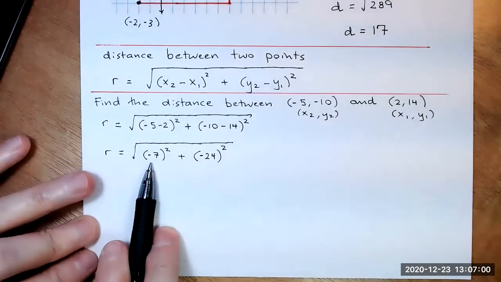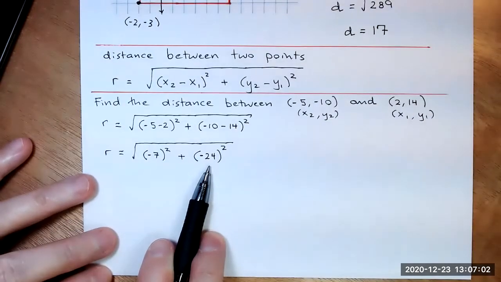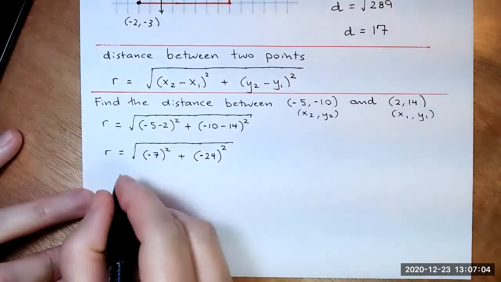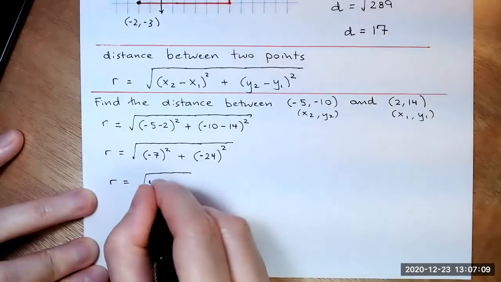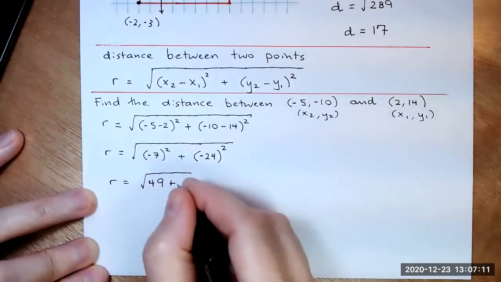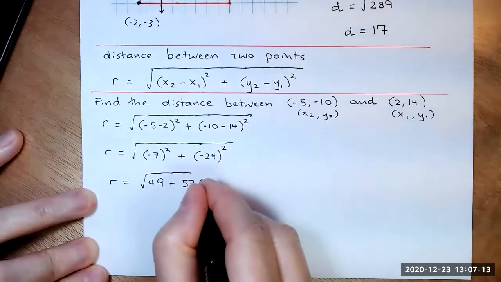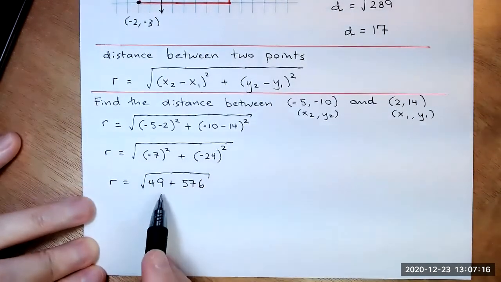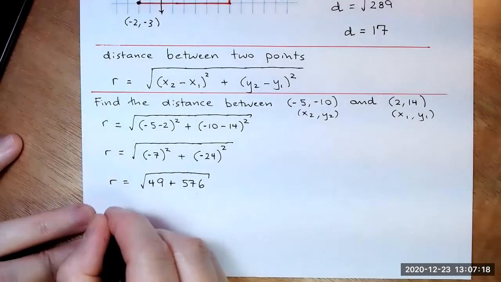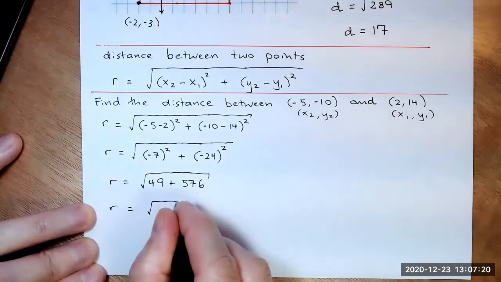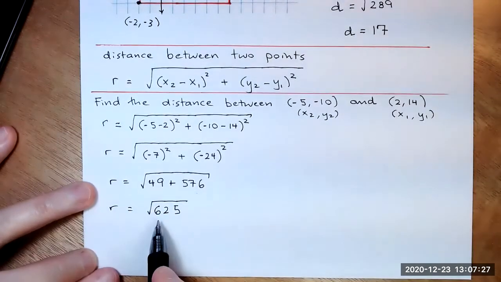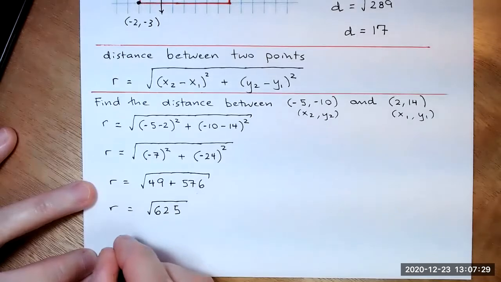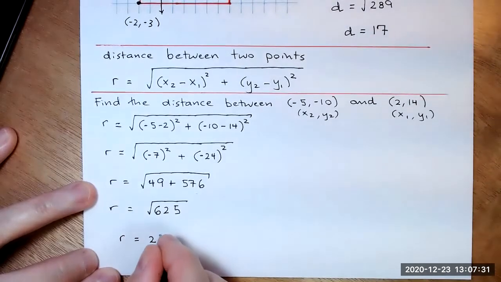You'll notice these both came out negative, but that's totally fine because when you square a negative, you get a positive. 49 and 576 make 625, which also happens to be a perfect square. The principal square root of 625 is 25.